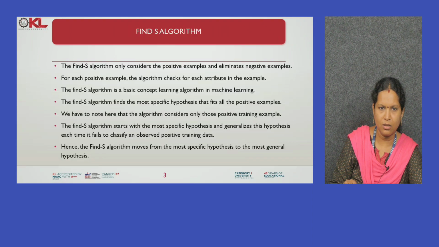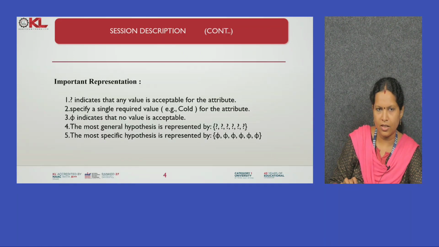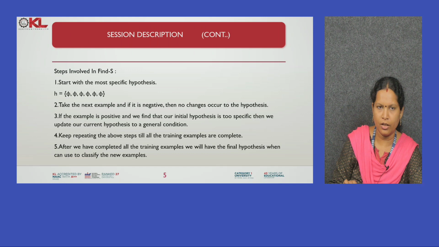To summarize: the Find S algorithm is specifically used to consider the positive values and neglect the negative values, and it is used to find the specific hypothesis. That's why it's called the Find S algorithm. Question mark indicates the general hypothesis, and pi represents the specific hypothesis, and these are the steps of the Find S algorithm.